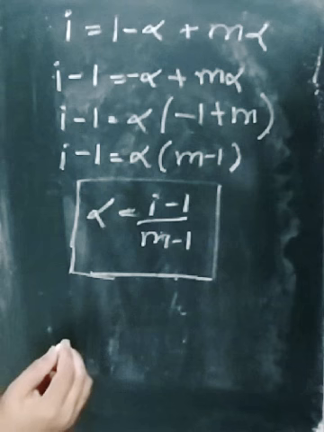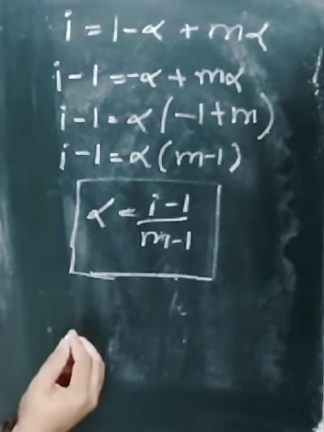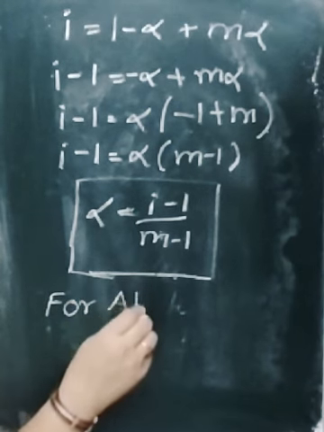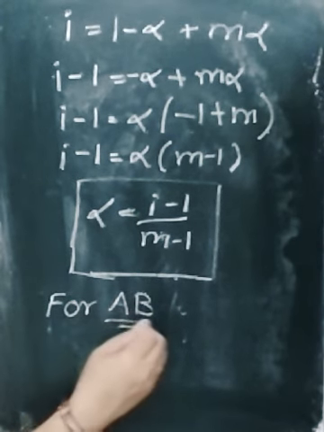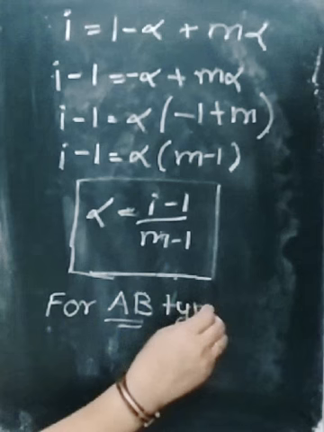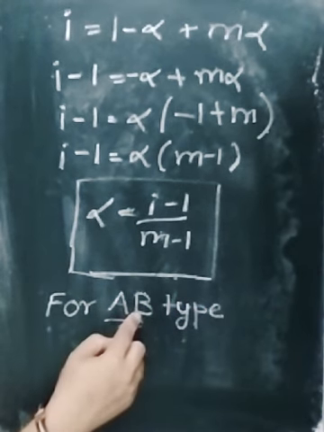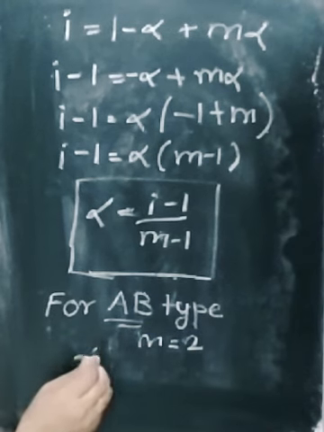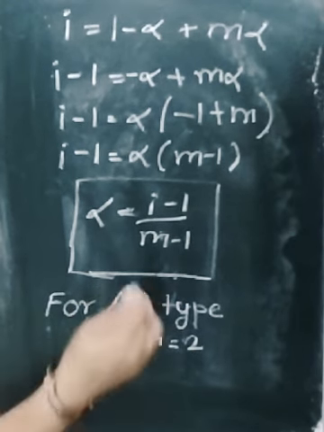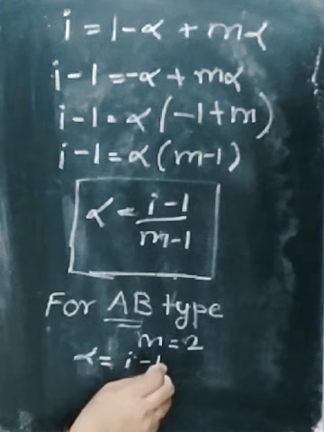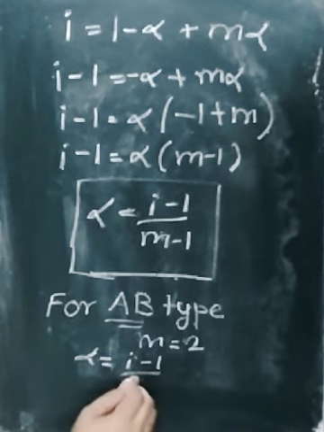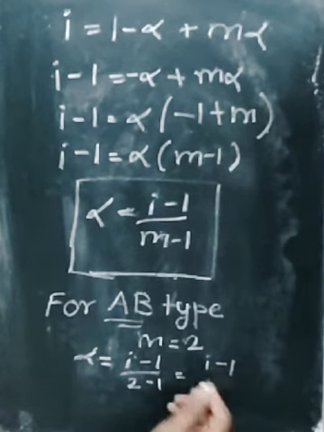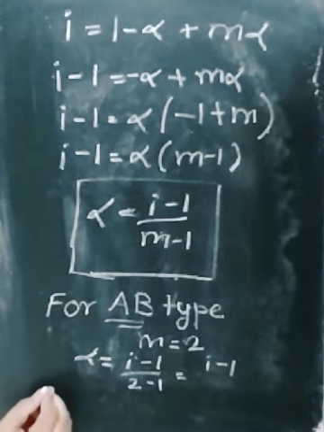In case of AB type electrolytes, they break into 2 ions, so m will be 2, and alpha will be i minus 1 upon 2 minus 1, that is i minus 1 only.